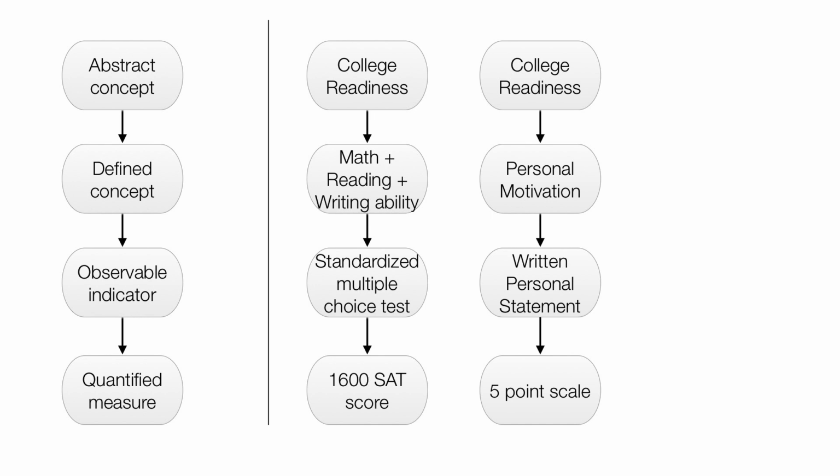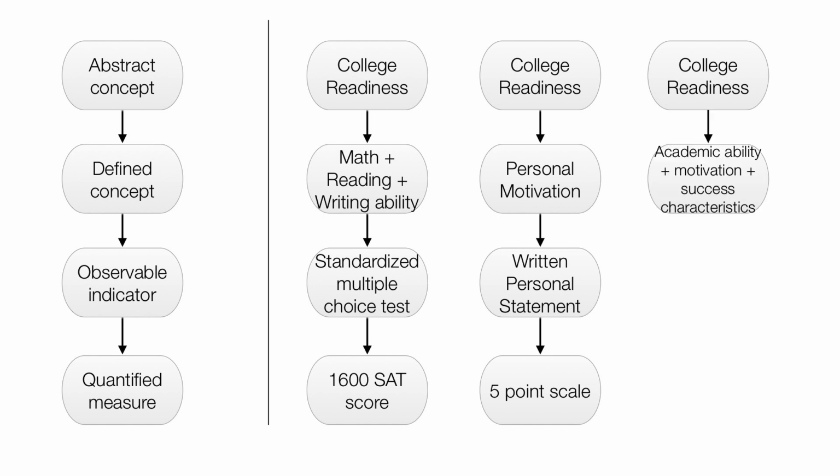Yet another possibility for a measure of college preparedness is to look at not just mathematical plus written plus reading comprehension ability, but look at total academic ability plus some other factors that would contribute to success, like study habits, motivation, interest, passion, and so on. Perhaps the measure we'd want to use there would be expert assessment of a person's total package or total ability to succeed.